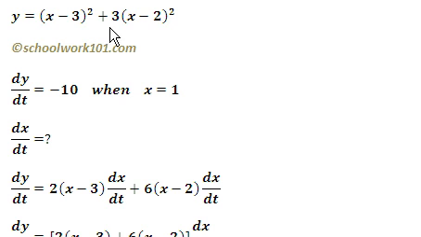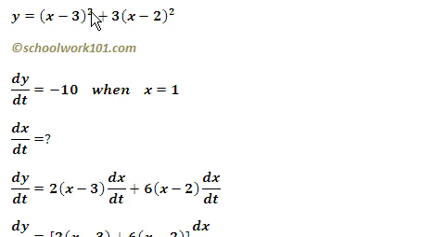So all we do is take the derivative of this with respect to t. The derivative of y is just 1, and then we write dy over dt. I'm not writing a 1 in here, right? 1s are kind of invisible when they're multiplied by something.